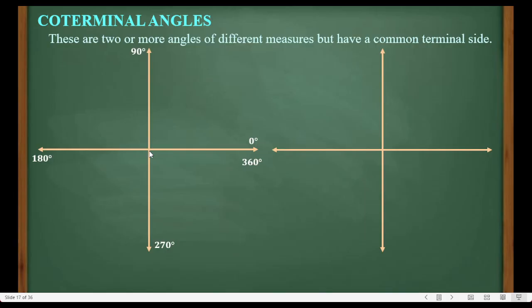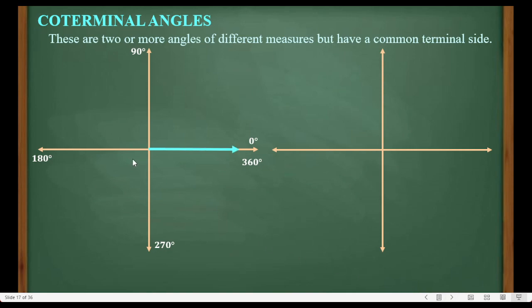Now in every quarter turn from this position, there is an increment of 90 degrees. So another 90 degrees, that is 180. Another 90 quarter turn, 270, and we go back to the initial side, which is 360 degrees. Or in radian.